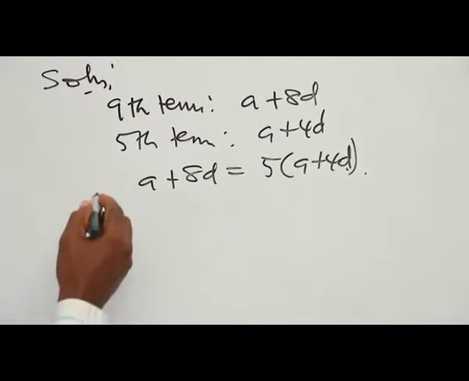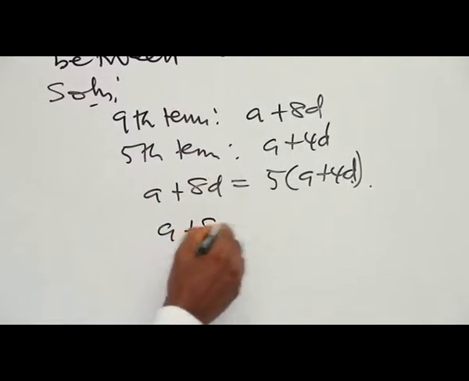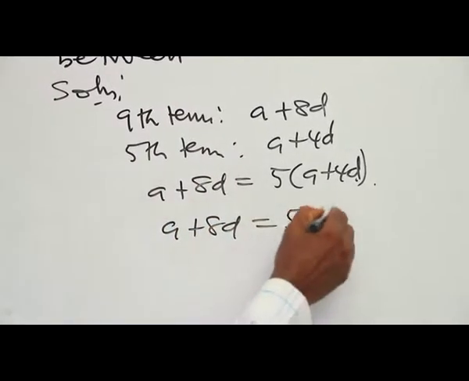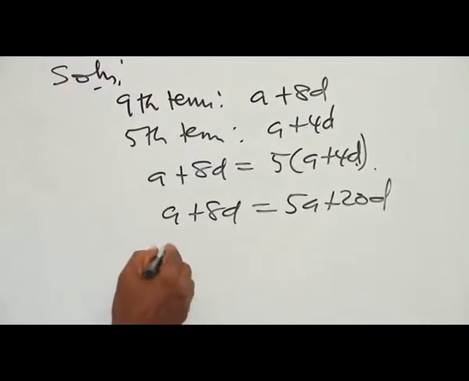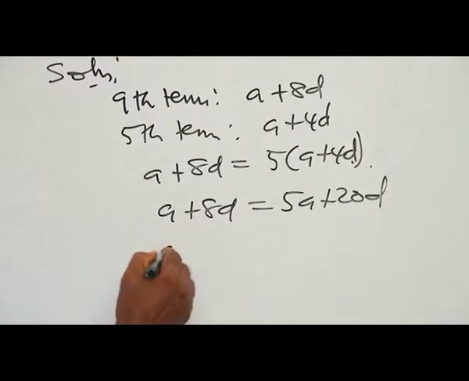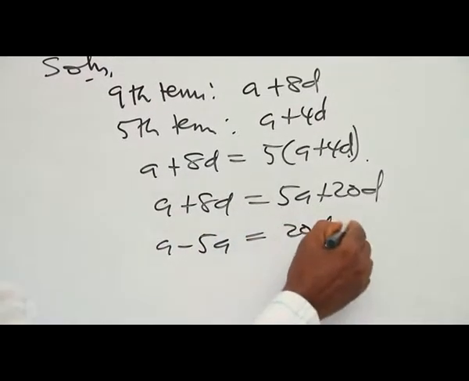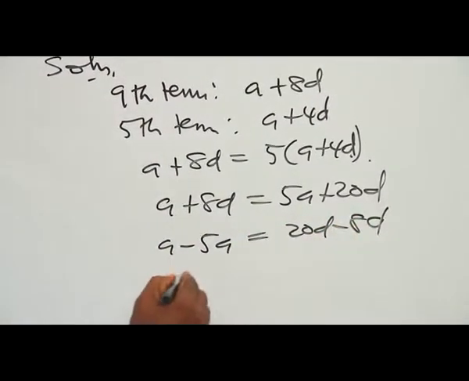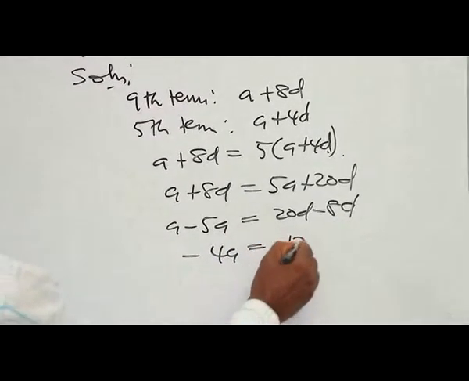Now, we want to find the relationship between A and D. Let's solve this. We now have A plus 8D is equal to 5A plus 20D. Meaning therefore that A minus 5A is equal to 20D minus 8D. Minus 4A is equal to 12D.